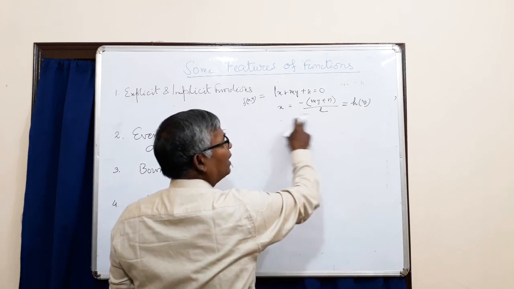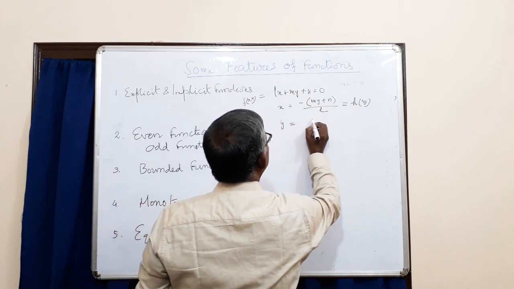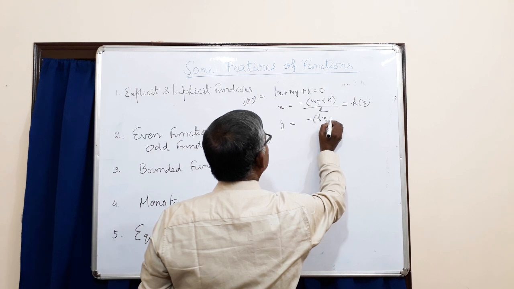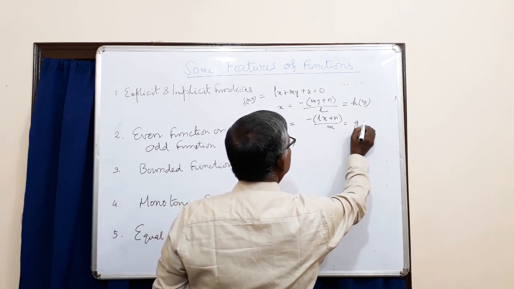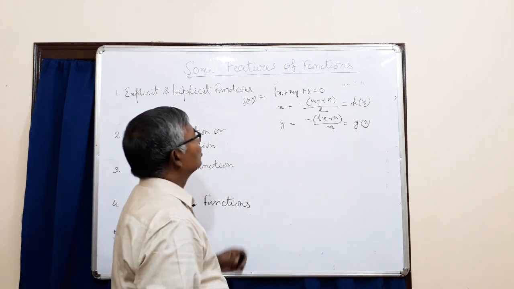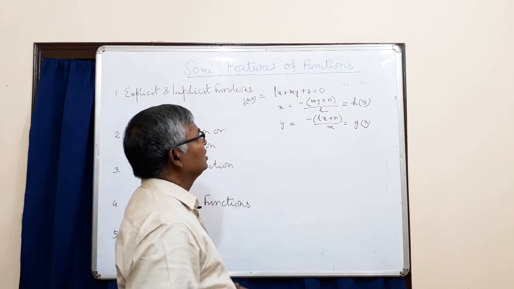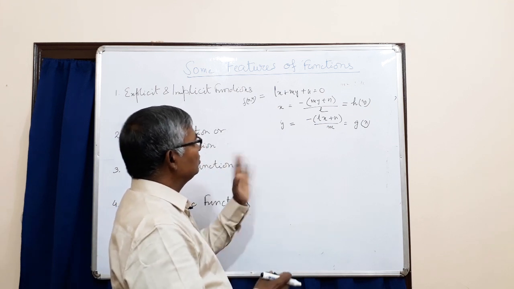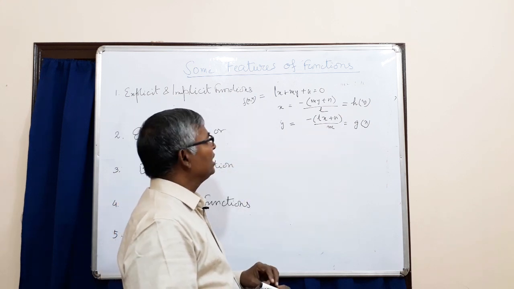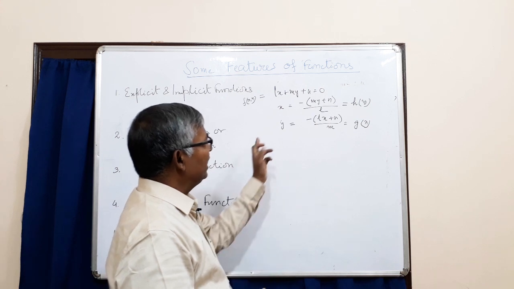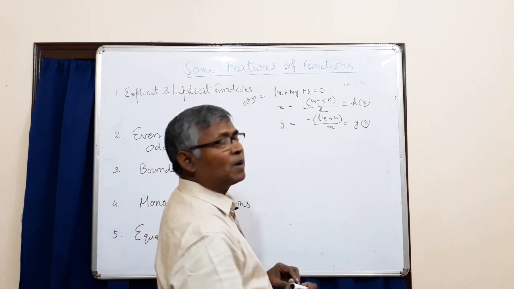That is, x is a function of y, or y equals g of x. So you see x can be expressed in terms of y and y can be expressed in terms of x alone or with a constant. So these types of functions are called explicit function.